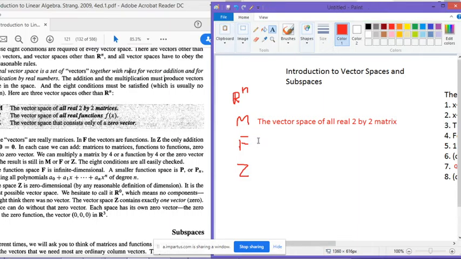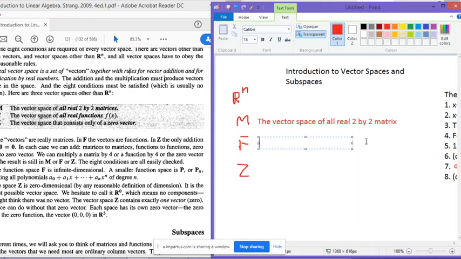F is a function space. The vector space of all real functions f of x.